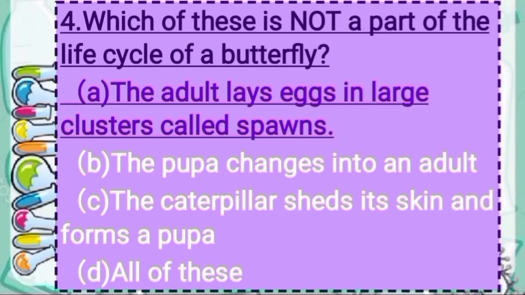Answer is option A. The adult lays eggs in large clusters called spawns, which is a part of the life cycle of a frog. So answer is option A. The adult lays eggs in large clusters called spawns is not a part of the life cycle of a butterfly.